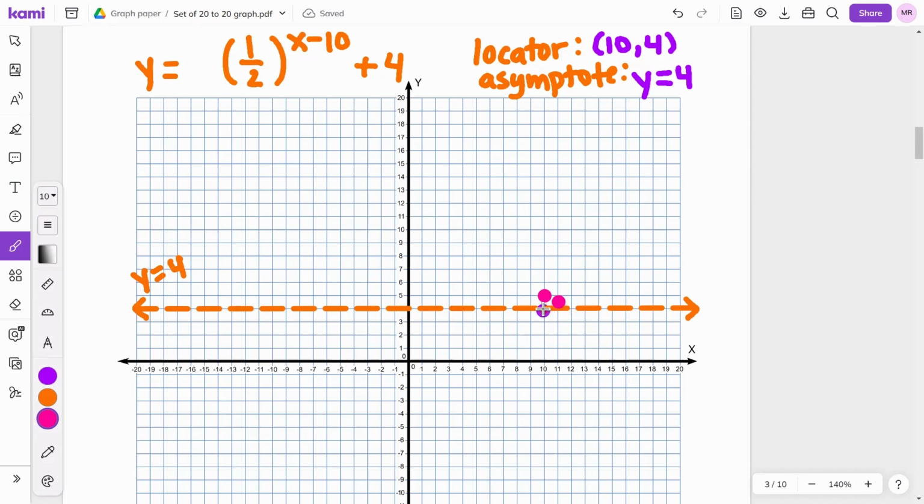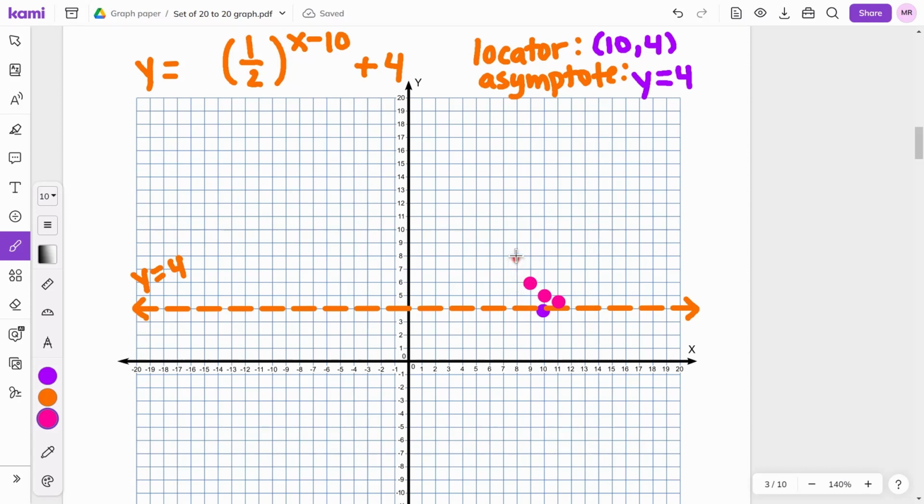Now going the other direction, if I'm going half to the right, that means I'm doubling going backwards. So if I go to the left 1, it's really 1/2 to the negative 1, which is a 2. If I go out 2, it's really 1/2 to the negative 2, which is going to be a 4.